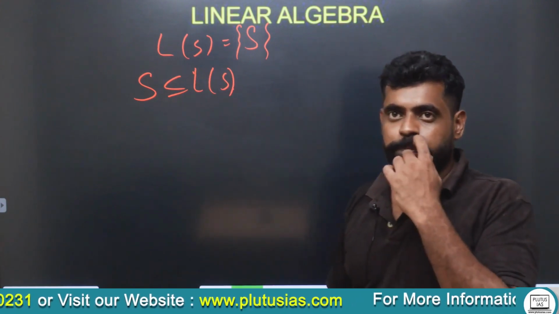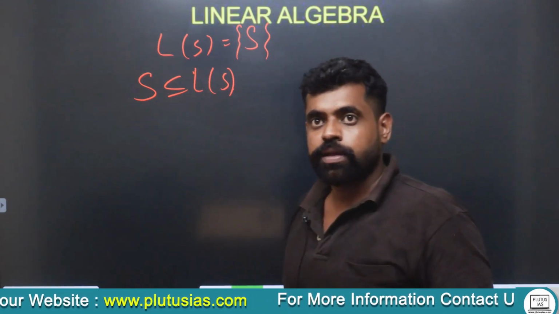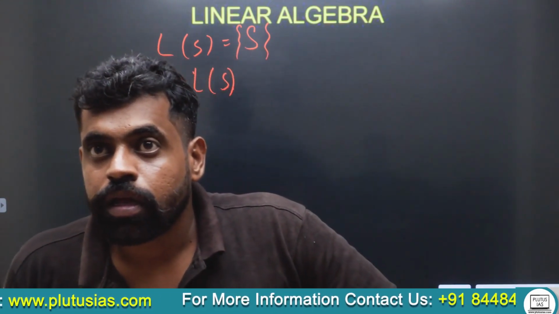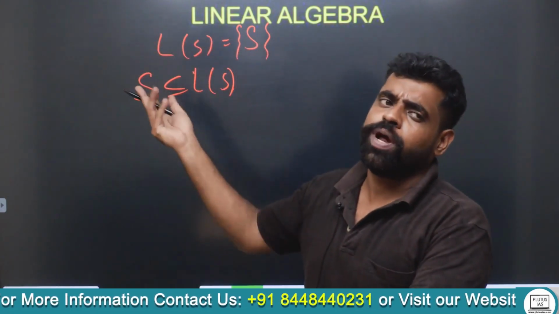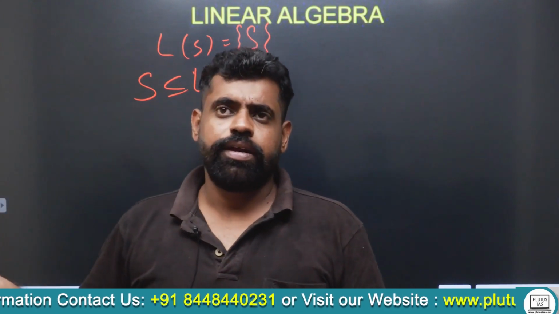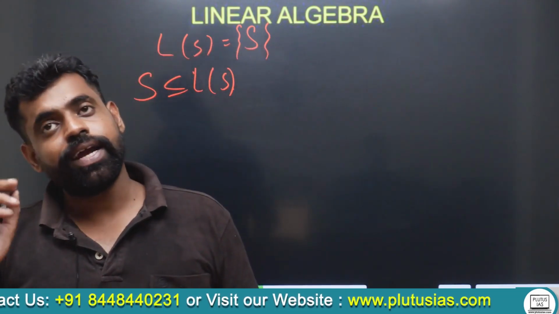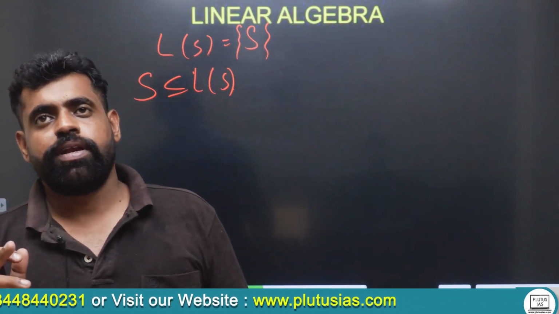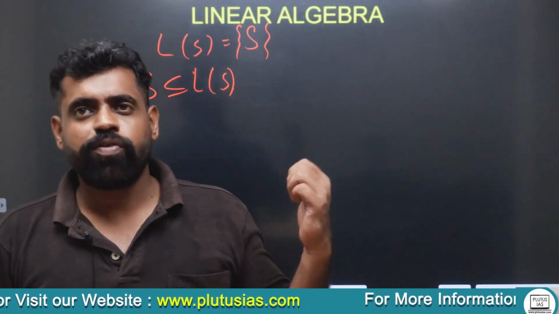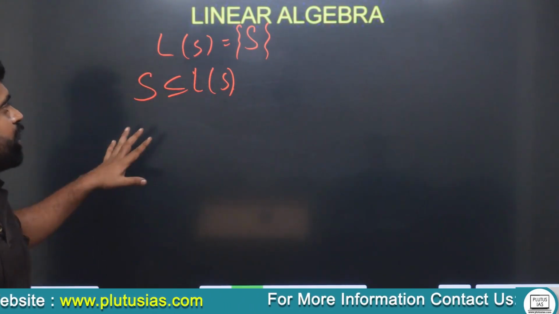First condition is very simple. S belongs to L(S), that's it. This is not very big. The second condition is a bit tricky one. When you see this example, you will understand it.